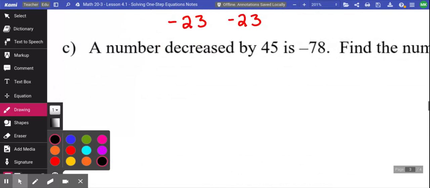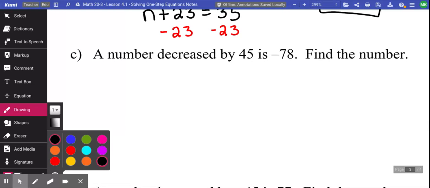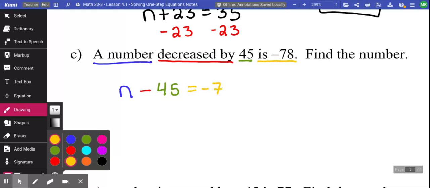This one. Build it as you read it. A number n decreased by means subtract 45 is negative 78, equals negative 78. Build it as you read it.